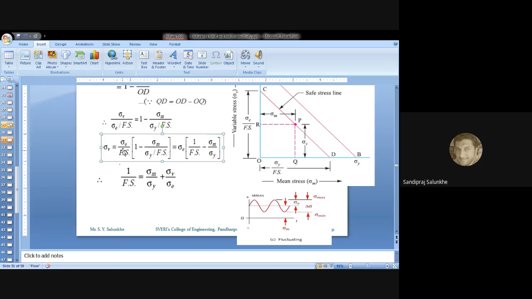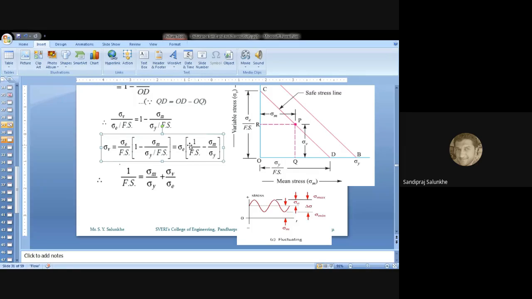Now this factor of safety and this factor of safety we can again cancel or take common. We want this equation in sigma e, that's why we have divided by the factor of safety inside the bracket, where the factor of safety gets cancelled, and we will get the equation as 1 divided by factor of safety minus sigma m divided by sigma y.